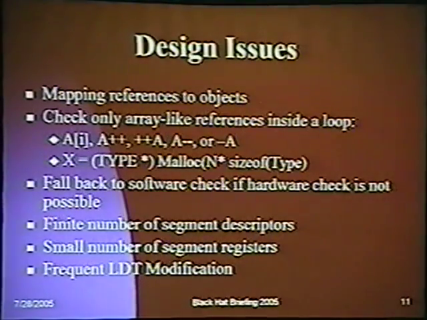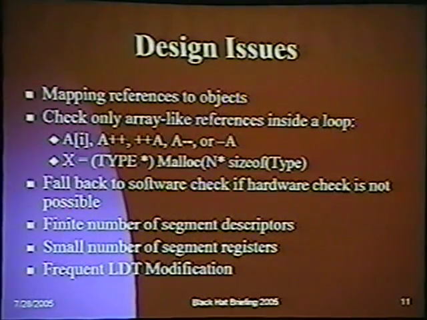But there are other architectural limitations of x86 that prevent this idea from happening easily. For example, there are only a finite number of segment descriptors in the x86 architecture specification. And there is a very small number of segment registers, which keeps us from using multiple segments simultaneously.